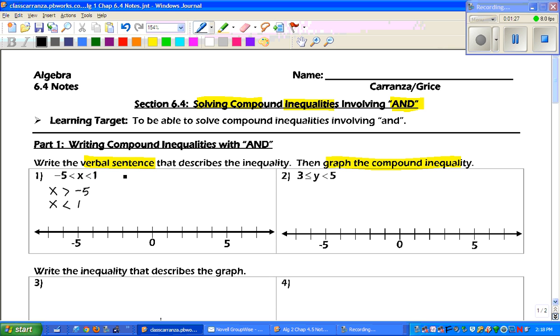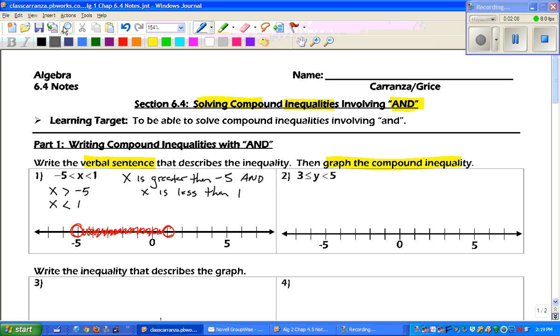So what this is saying is x is greater than -5 and x is less than 1. Okay, so there's our inequality. Now we actually have to graph it. So at -5, it's open, at 1, we're open, and it wants everything that's in the middle.